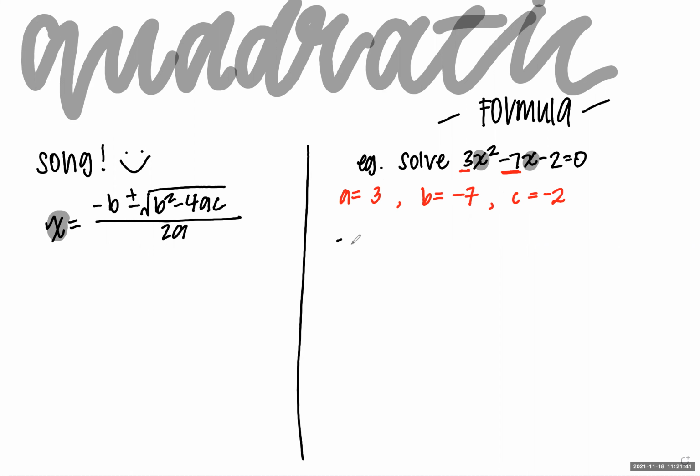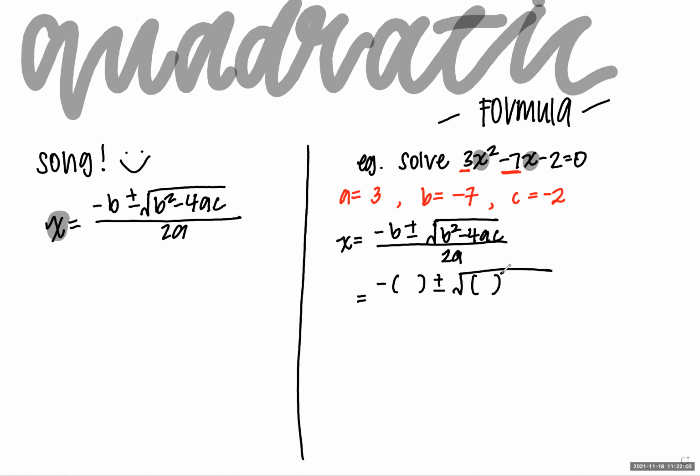So my formula is x is equal to minus b plus minus square root of b squared minus 4ac over 2a. Be very careful of this plus minus, but before we get there, we always input the formula first. So minus b, I like to write down as minus b plus minus square root of b squared minus 4ac over 2a.